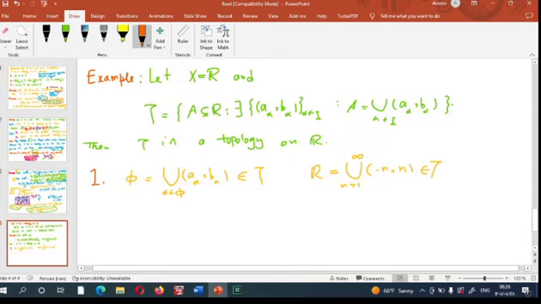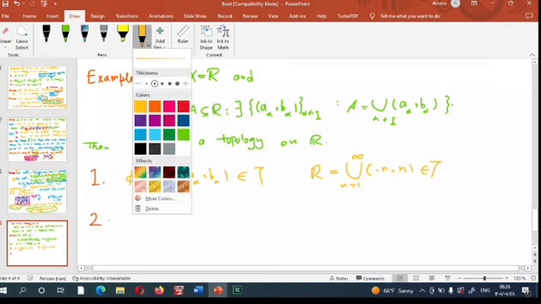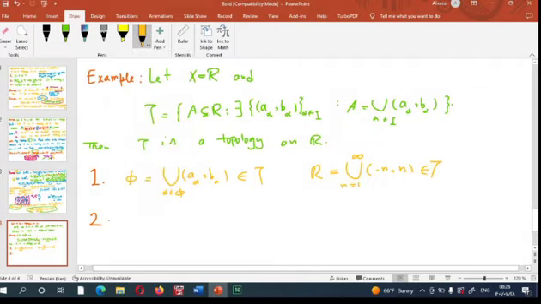Okay, for the second property of topology, let, for example, this is a family in tau.